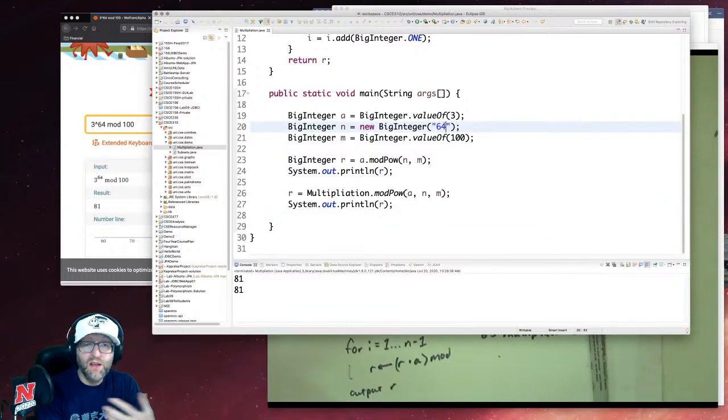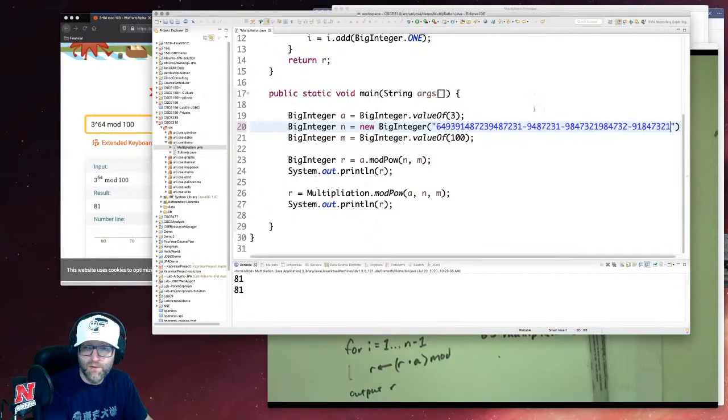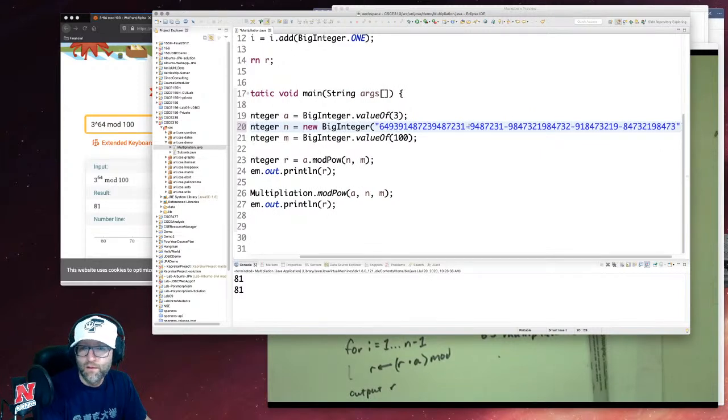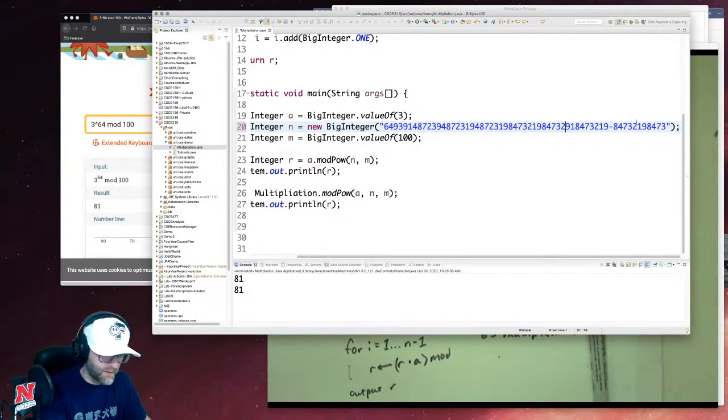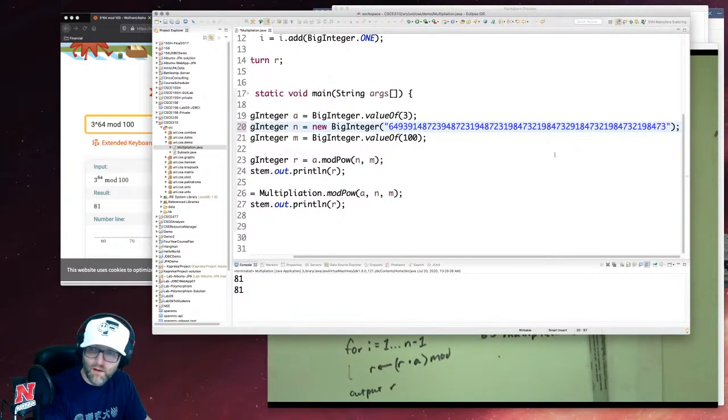Now, 3 to the 64 is rather large, but let's do some keyboard mashing here. Oh, too much mashing. There.